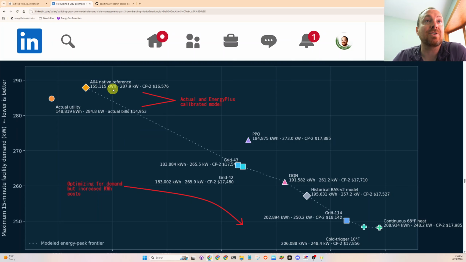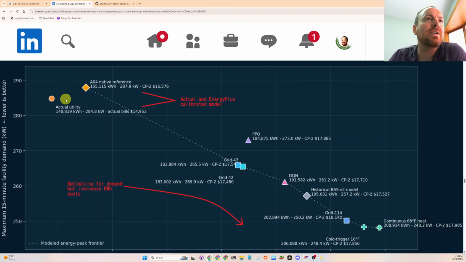And then the best version of that in EnergyPlus, which might not be an apples-to-apples representation, might be a little bit off in the way the calendar year works in EnergyPlus and actual utility bills. But my best model that met Guideline 14 was 155,000 kWh, 287 kW. So they both peaked, and about $16,000 in my calculated utility usage.